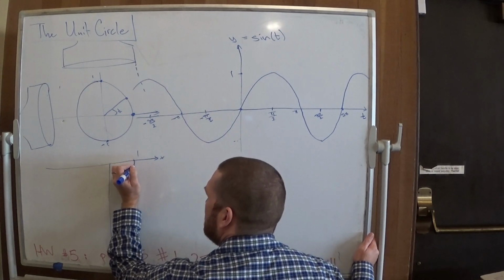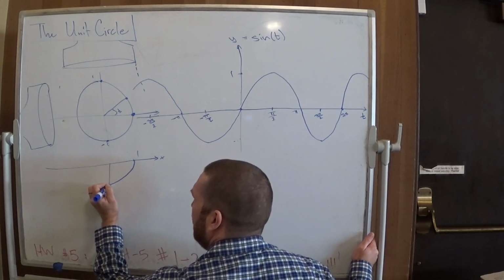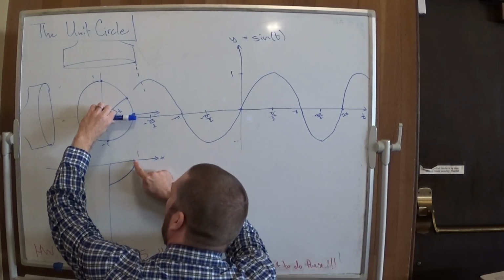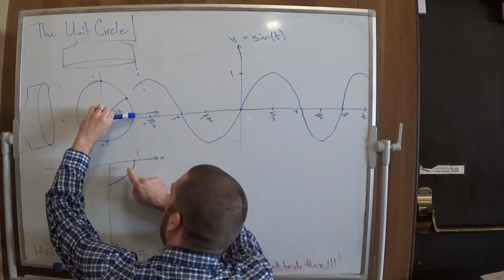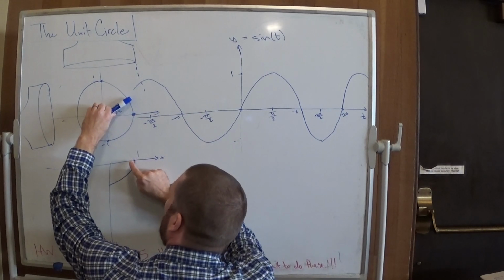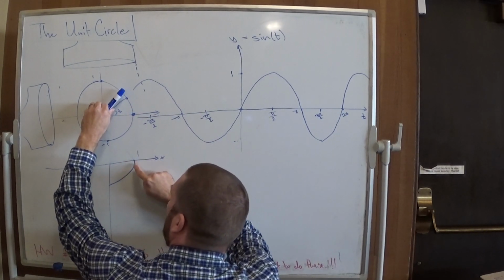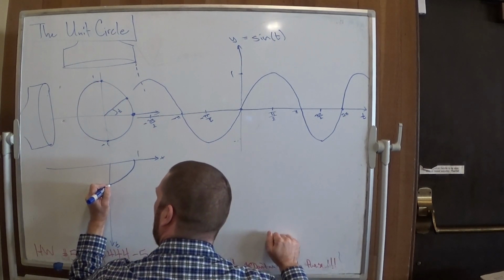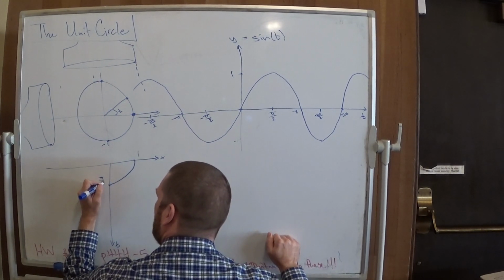Does that look right? As t goes on, that point moves. As far as x is concerned, it keeps getting smaller until how many seconds have gone by? Pi over 2 seconds.